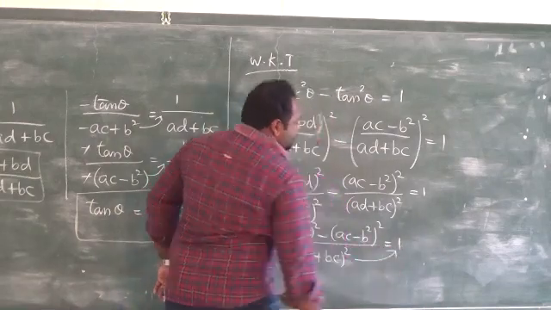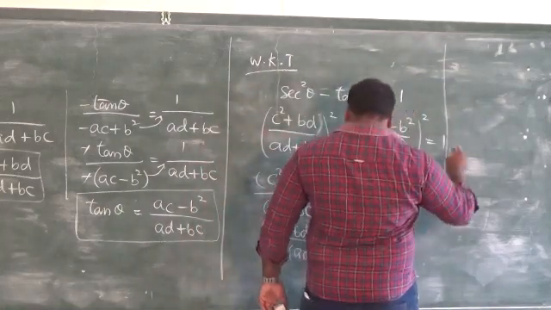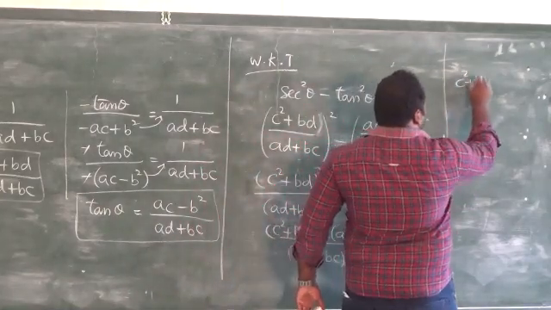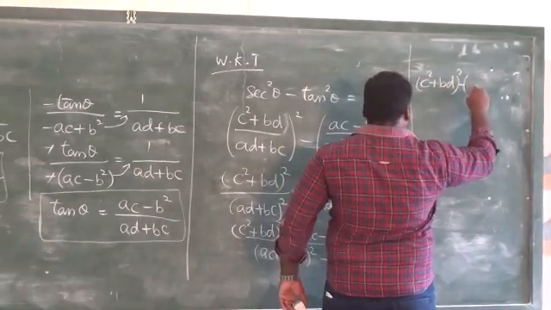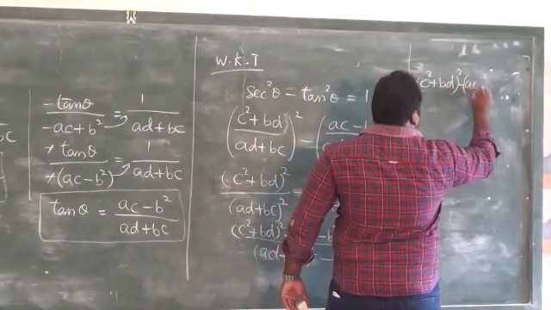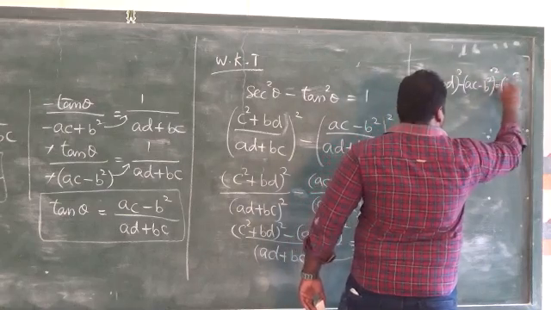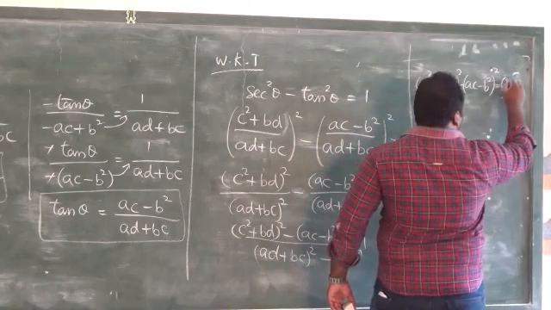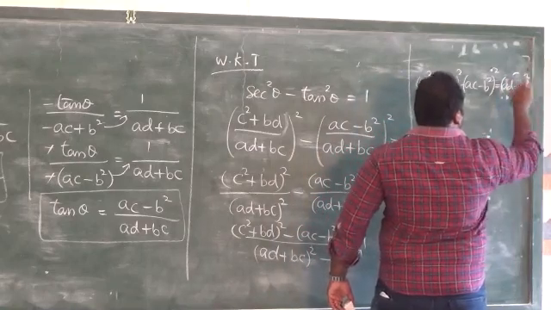Carry this denominator to this side. C square plus BD whole square minus AC minus B square whole square equal to AD plus BC whole square.